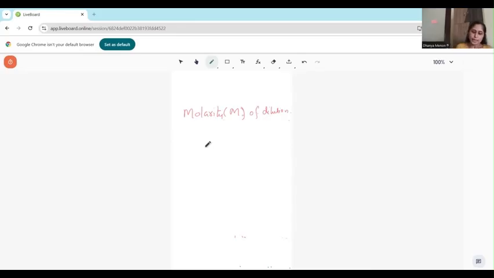Now suppose I'm taking a solution, and suppose M1 is the molarity of that solution and volume is V1. Suppose it's a solution of NaOH in water. M1 is the initial molarity of the solution and V1 is the initial volume. Now suppose I'm adding more solvent, or more water.